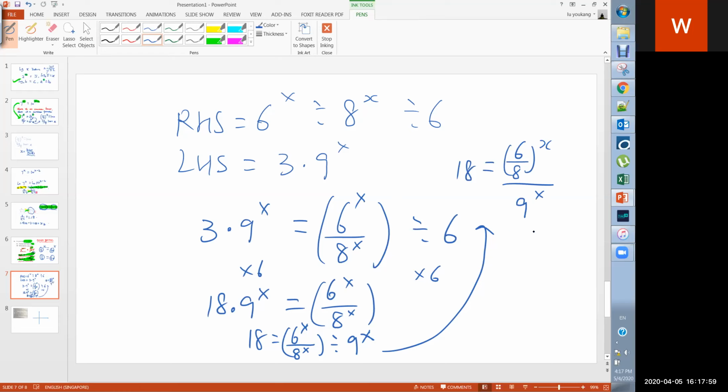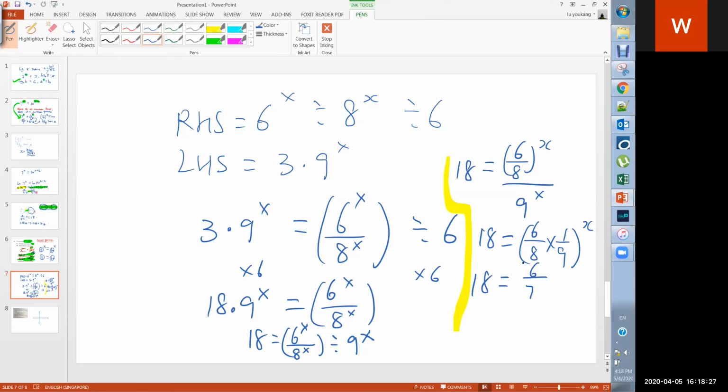So what you get is 18 is equal to 6 over 8. Then you divide by 9, right? Something like this. So you have 18 equals to 6 over 72.